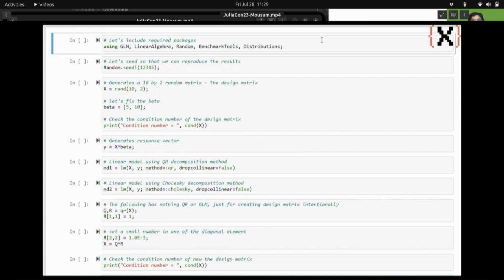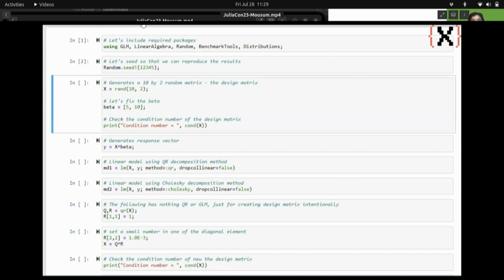Now let's start playing with Julia GLM with two different decomposition methods, Cholesky decomposition and the QR decomposition. First, let's include the required packages. Then let's fix some random seeds so that we can reproduce the results.